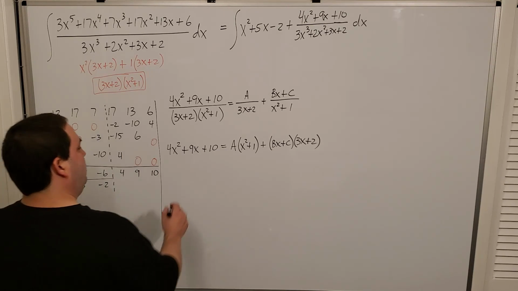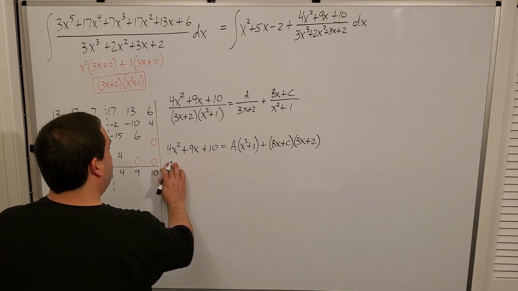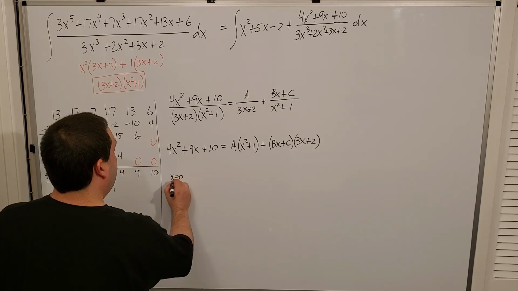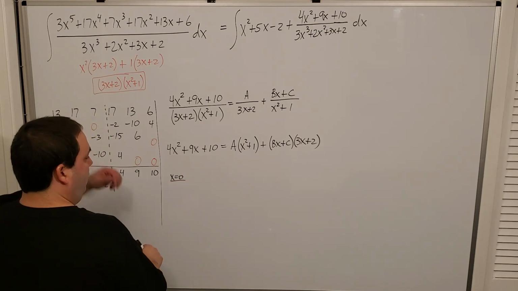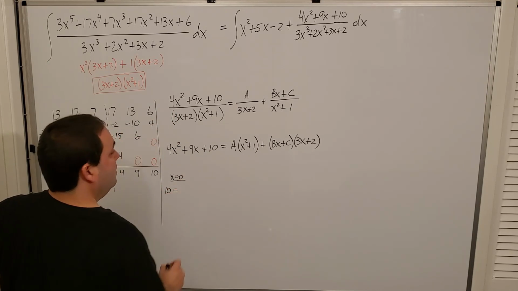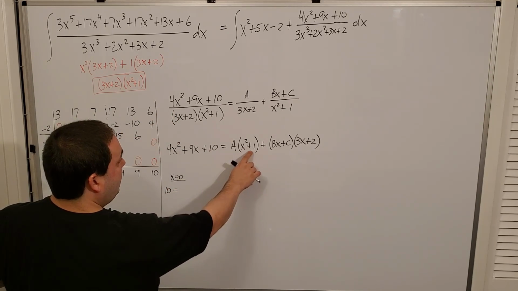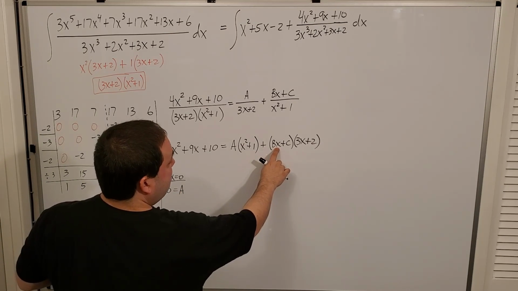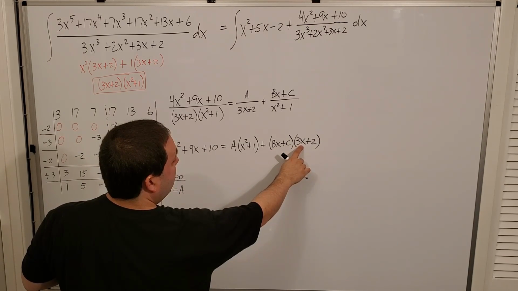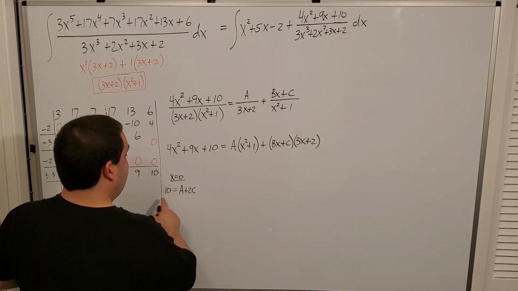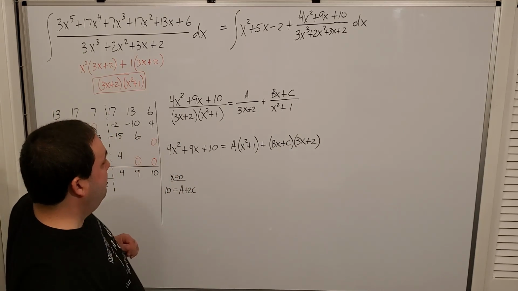Yeah, let's try x equals 0 first. Leave a little space for exponent comparison later. So that's going to give me 10. And then if this is 0, I get A. This is 0 and this is 0. So I get 2 times C. So plus 2C. Okay, so I can't do anything with that yet.